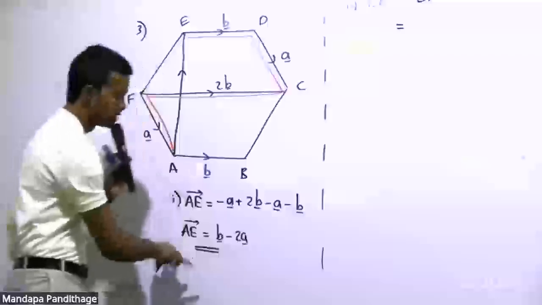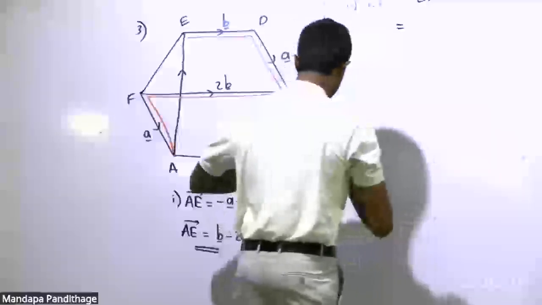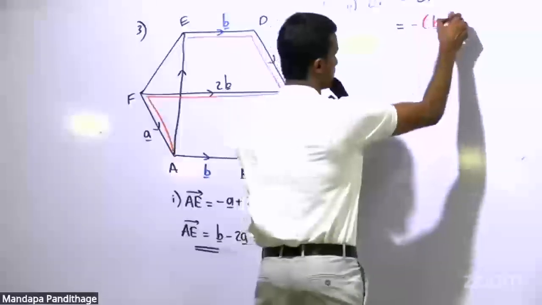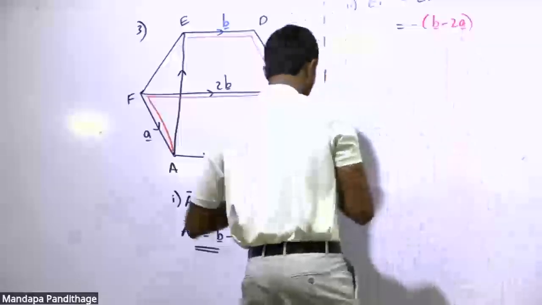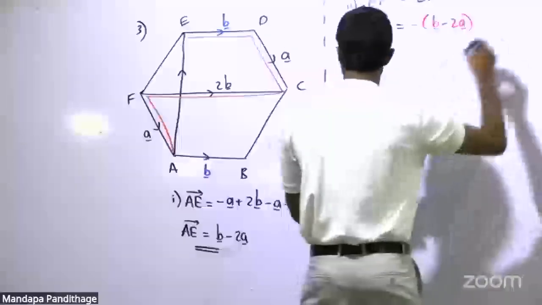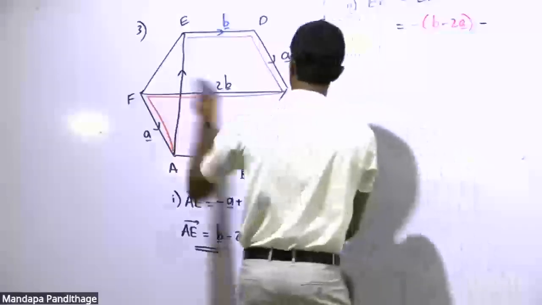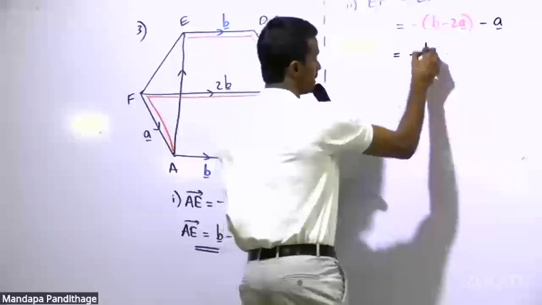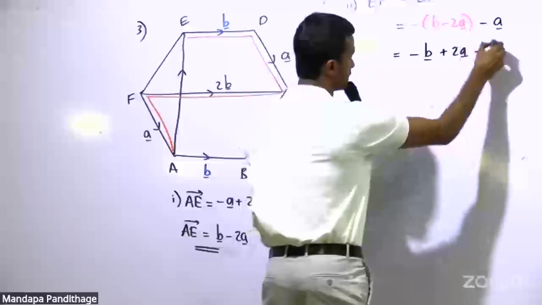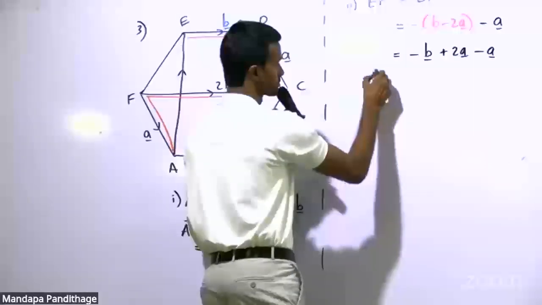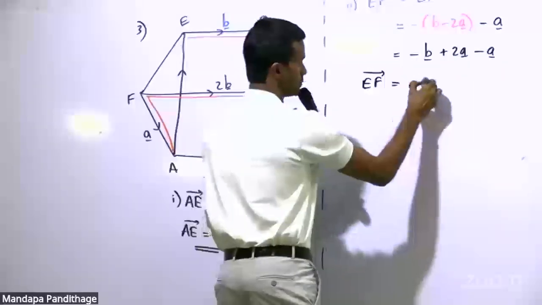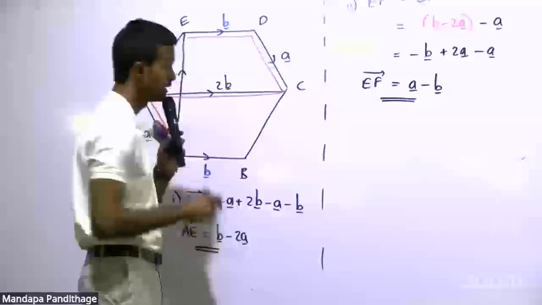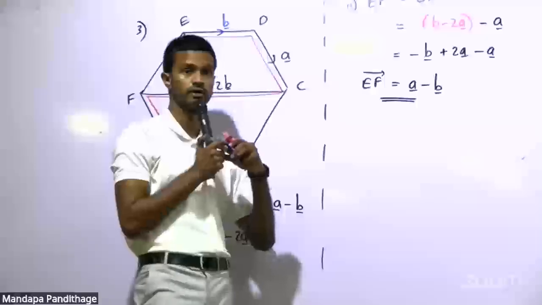I know AE, the minus of this is EA, so A minus B minus 2A plus AF. So what is AF? AF is even minus. So we get minus A plus 2A minus B. What is EF? It's A minus B, no? Okay. Hands up who got B minus 2A for AE and A minus B for EF.